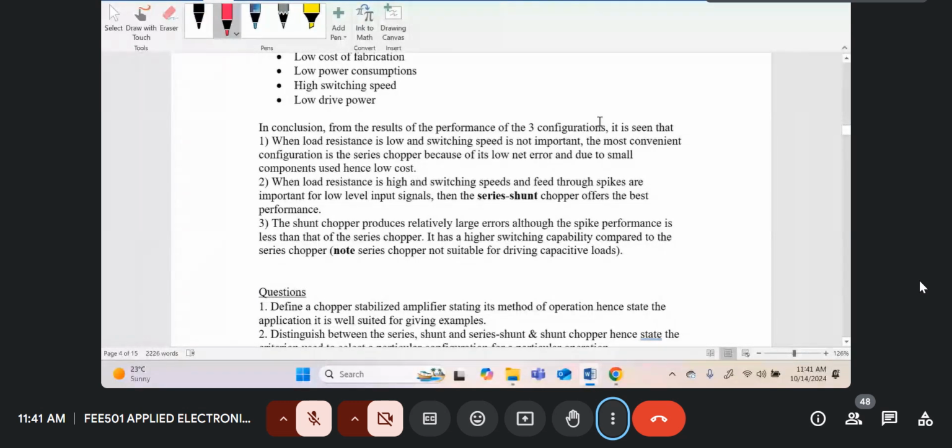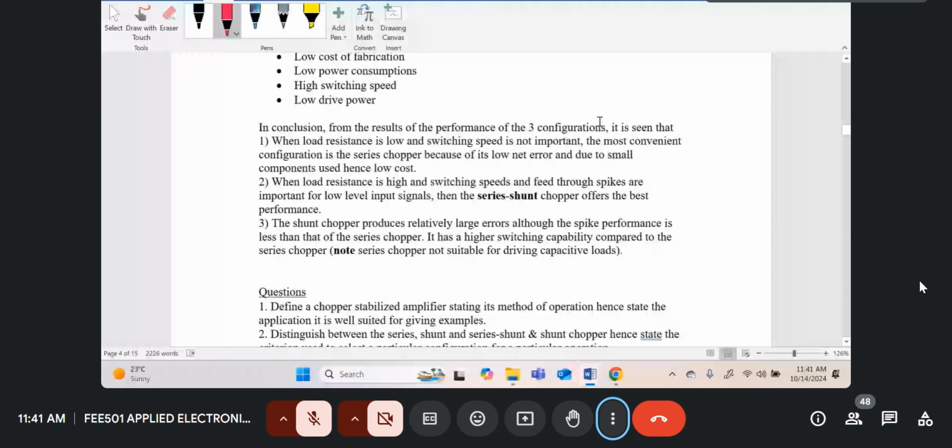Then from that table, you'll be able to select which configuration gives the best error performance. And as I've told you earlier, if you do that exercise, you'll find that the series shunt outperforms all of them.